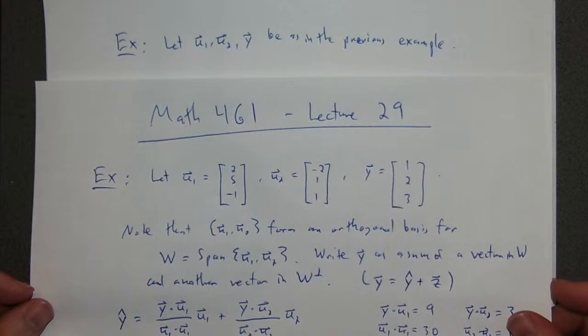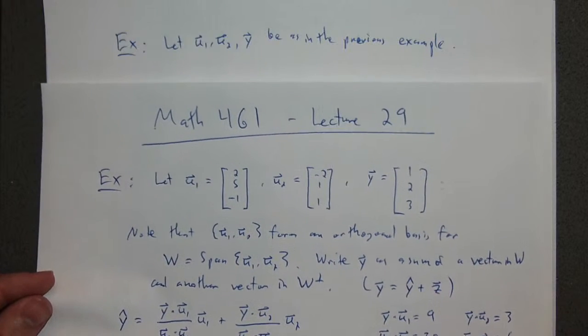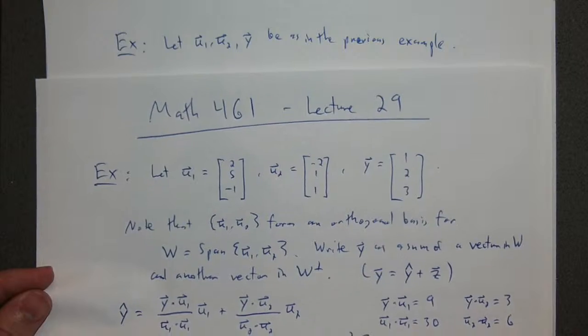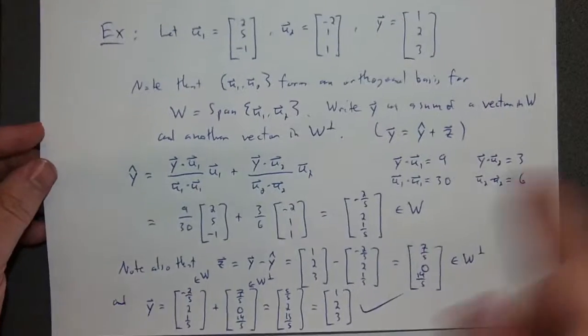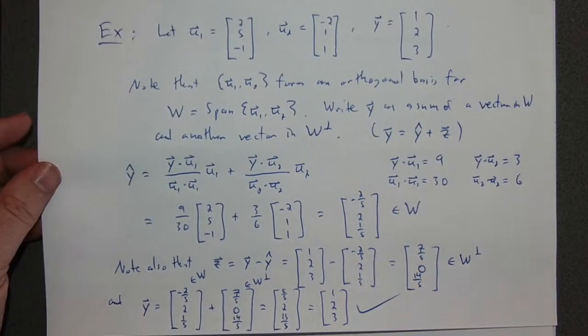So that was my u1, u2, and y. Notice u1 and u2 form an orthogonal basis for W, which is the span of u1 and u2. So we had actually already computed y hat. It was minus 2/5, 2, 1/5. We'll forget about z for a second.